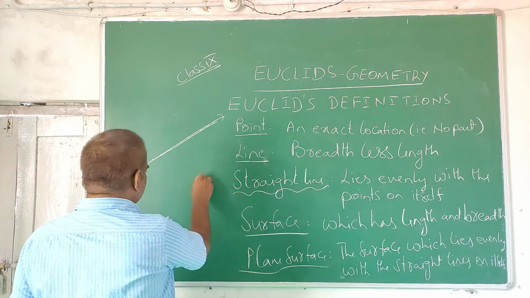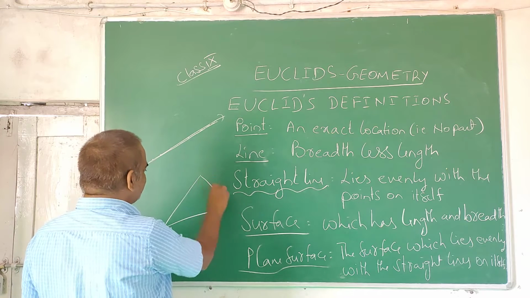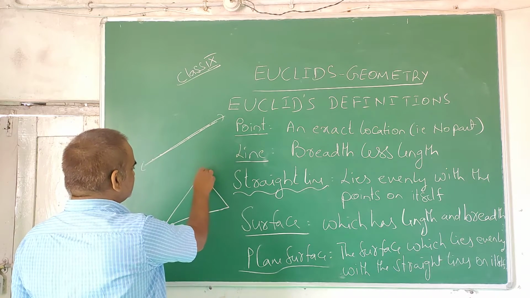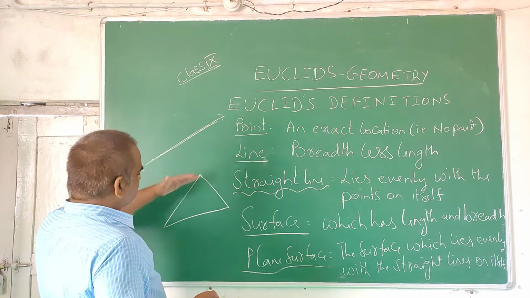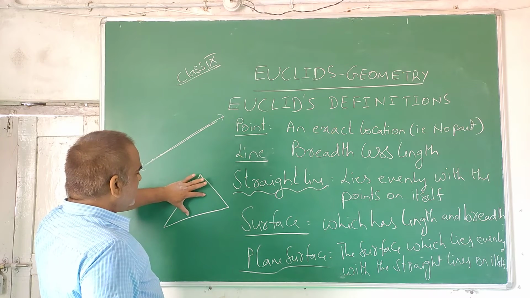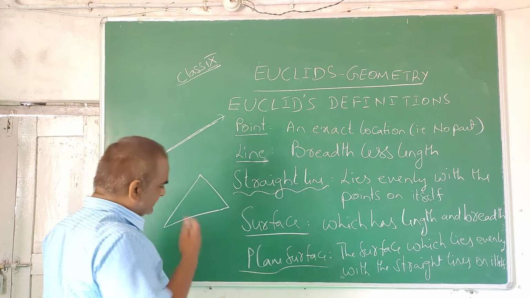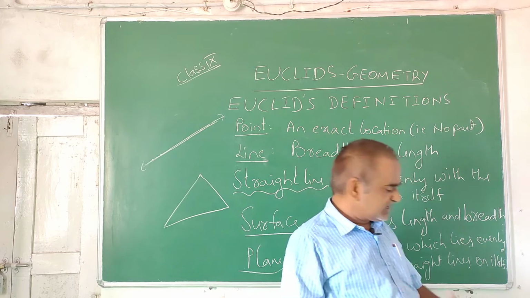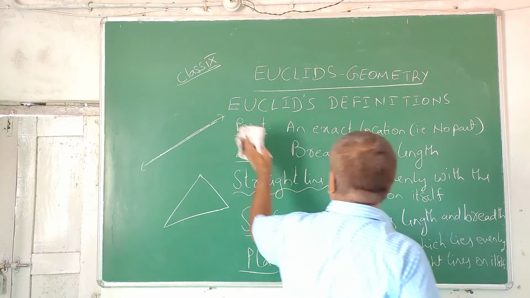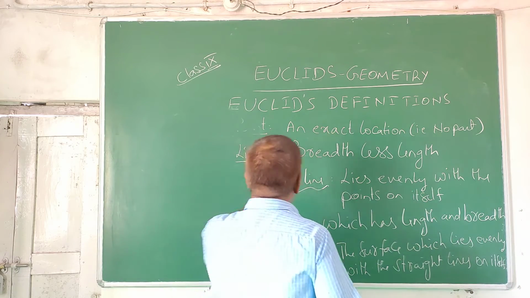So what is a plane surface? The surface which lies evenly with the straight lines on itself. Say this is a plane surface, which includes the straight lines, and the surface together is a plane surface.